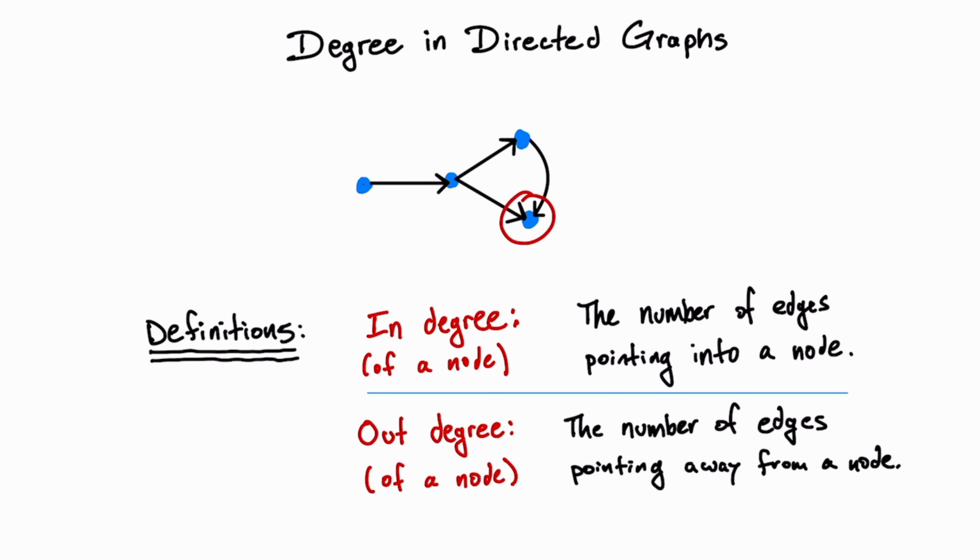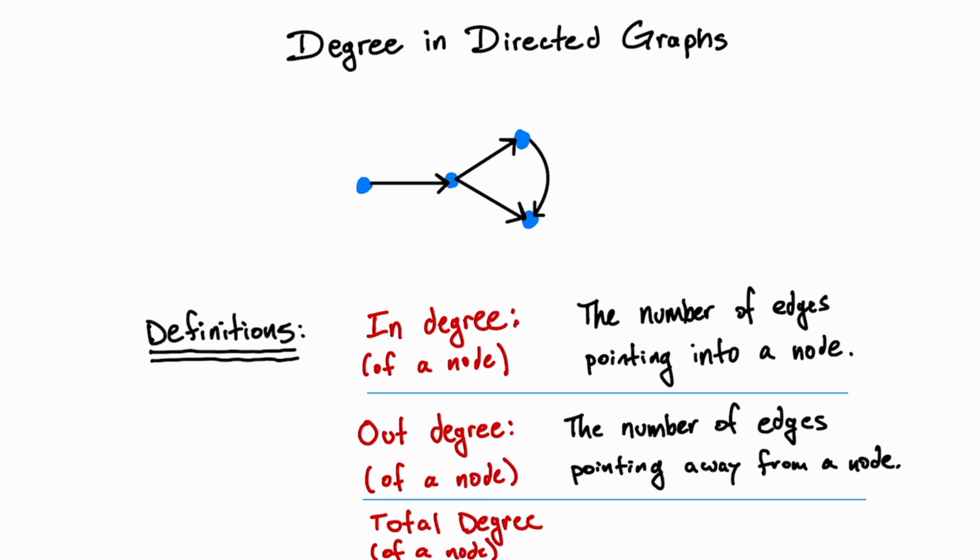This one right here. There's actually one more type of degree you can talk about in directed graphs. The total degree of a node is the total number of edges connected to that node. For example, this node has one edge pointing into it and 2 edges pointing away from it, so it has total degree 3.